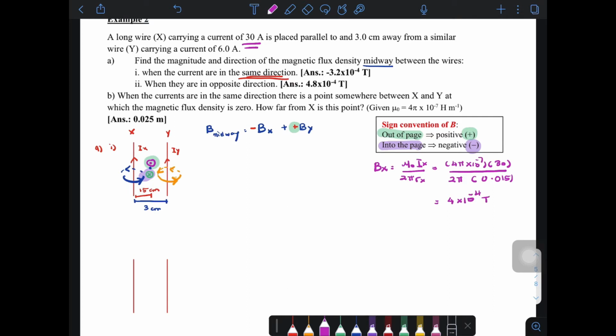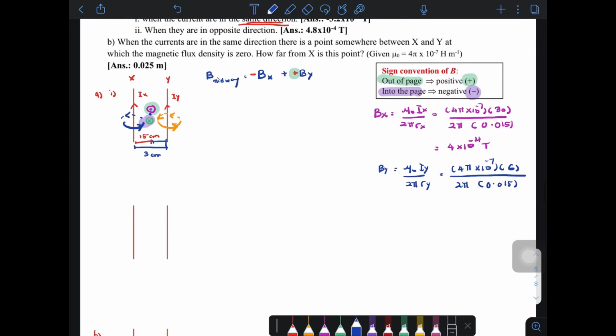Okay. Now we need to calculate for BY. Sama juga formulanya ialah mu naught IY over 2 pi RY. So kita akan dapat 4 pi exponent negative 7, I untuk Y dekat sini ialah 6 ampere divided by 2 pi R untuk Y also 0.015.